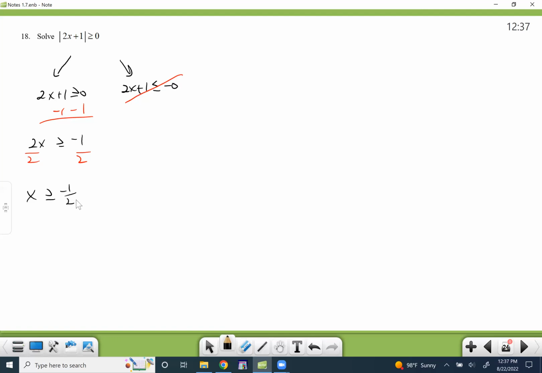Okay, so any number greater than -1/2 should do it, right? So this way, it does have an or equal to symbol on it, so it's going to be a square bracket.